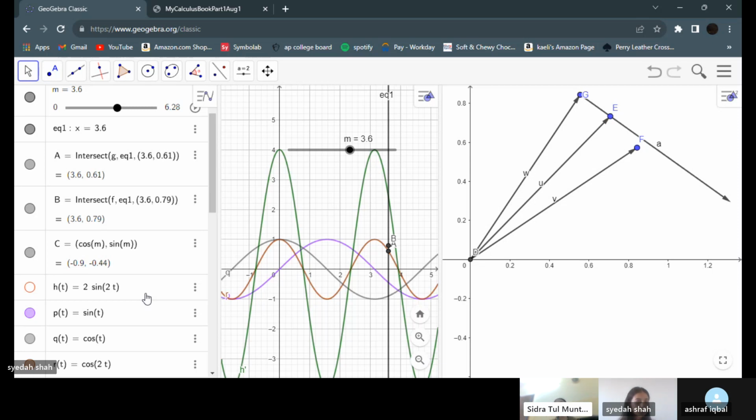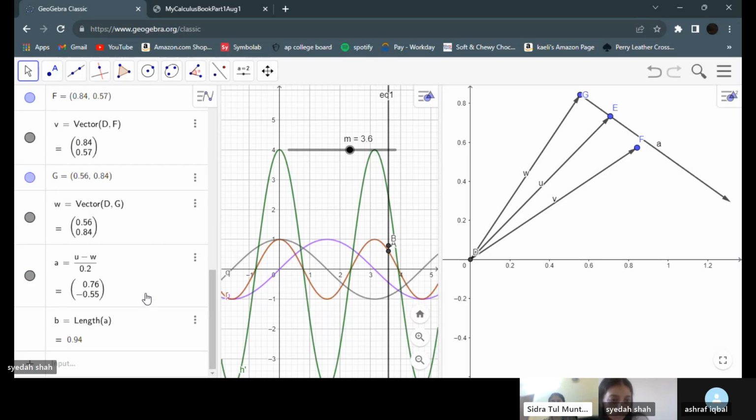So now you can find another velocity vector, of v and u.